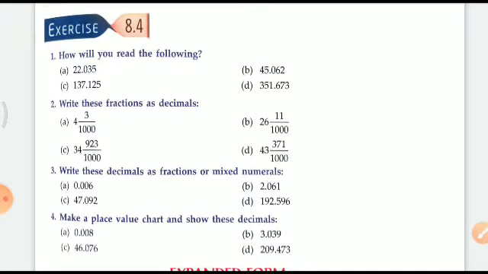How will you read the following? 22.035 is, yes, how we will read it? As 22.035, right? We will be reading it as 22.035.